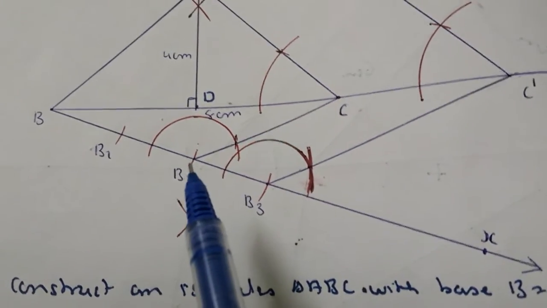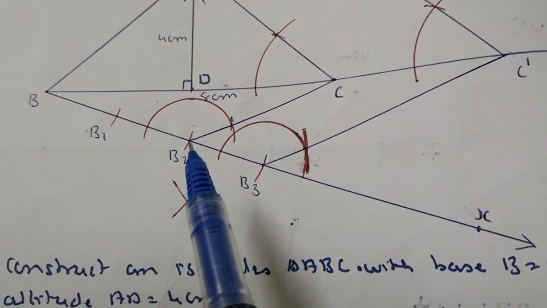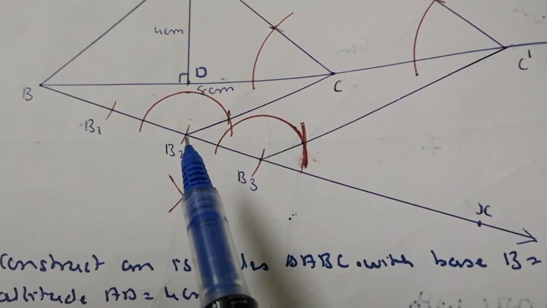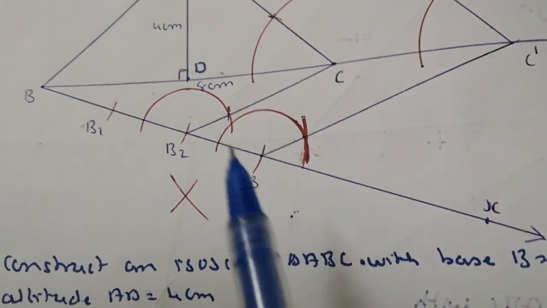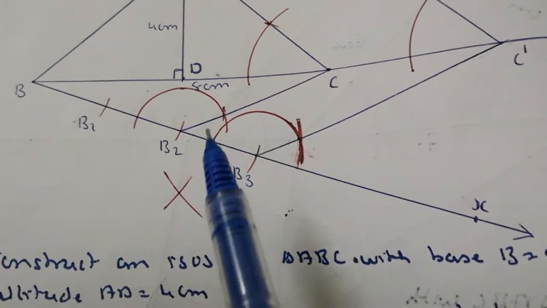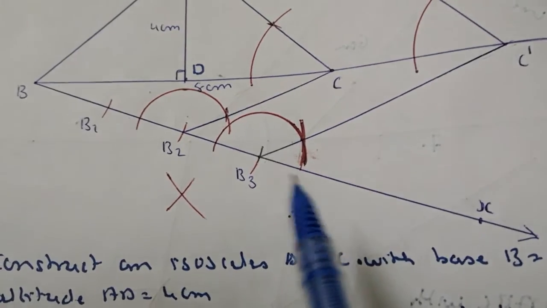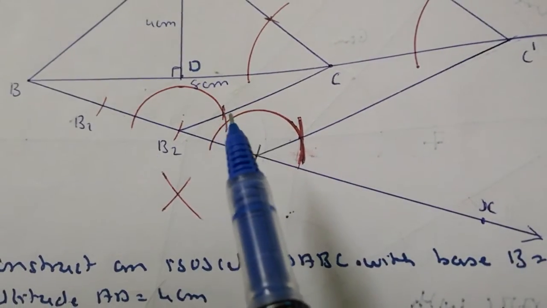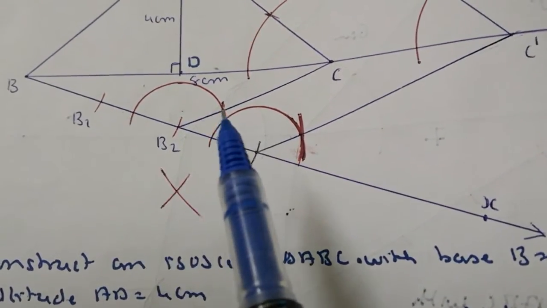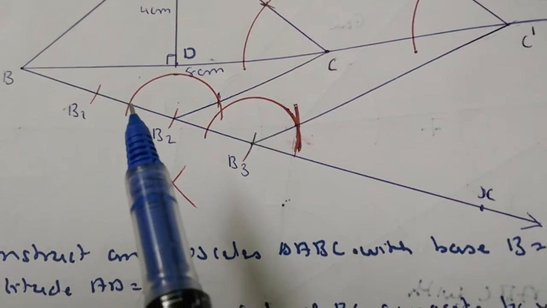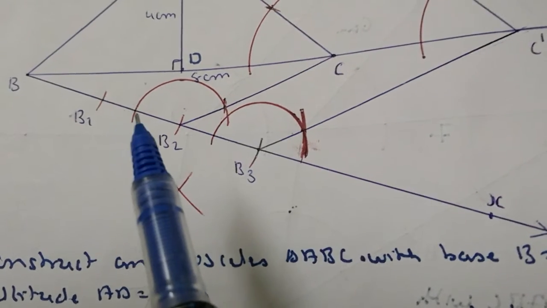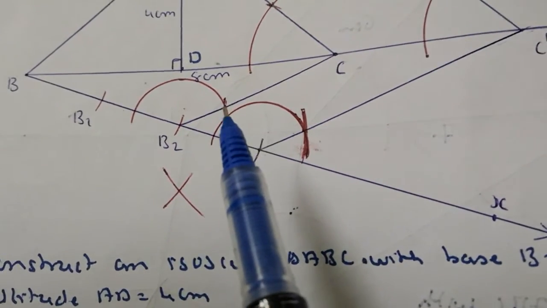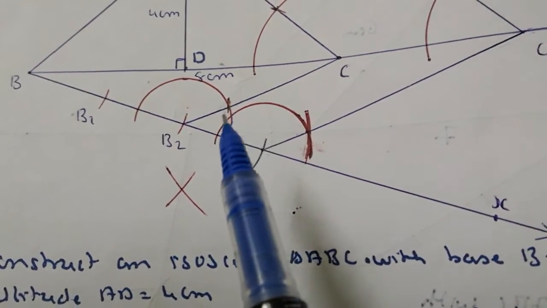Now with B2 as center, you are going to draw an arc with the same radius. From point B3 you are going to draw an arc. Now you are going to measure the distance between these 2 points, placing your compass point over here and extending your pencil up to this point.